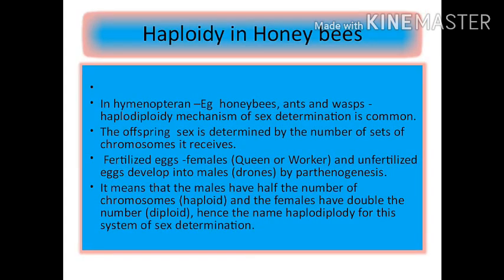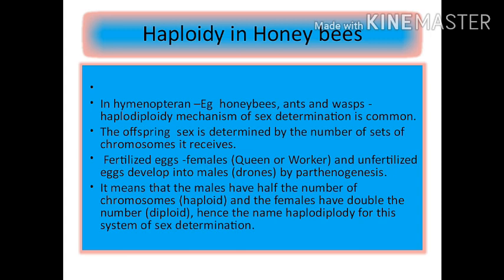Haploidy in honeybees. In Hymenopteran insects, that means insects having 4 transparent wings, for example honeybees, ants and wasps, the sex determination is by the haplodiploidy mechanism. Haplo means half the number of chromosomes, diploidy means double the number of chromosomes.